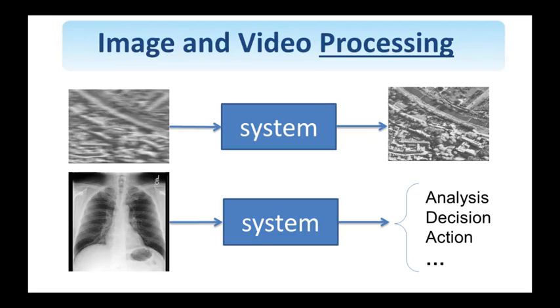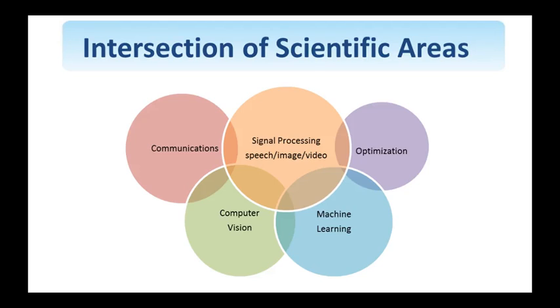As the example here shows, this is a chest X-ray at the input, and based on the analysis that will be performed, whether there is a malignant tumor or not, for example, certain decisions and actions will be the output of the system.